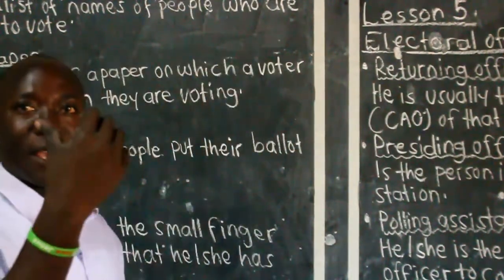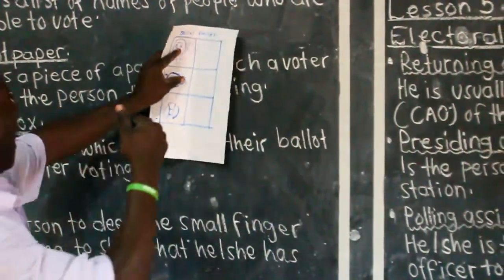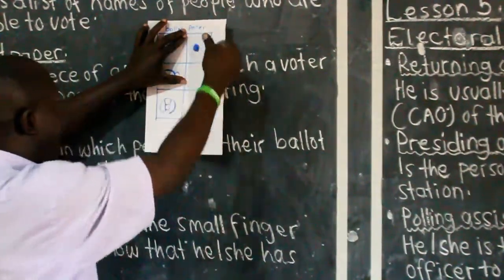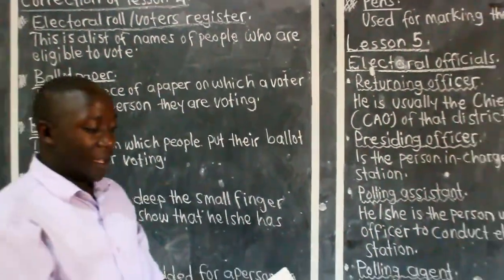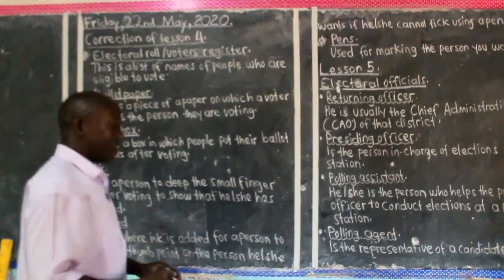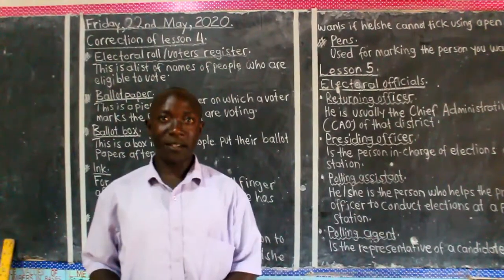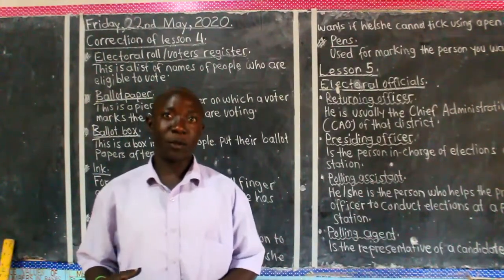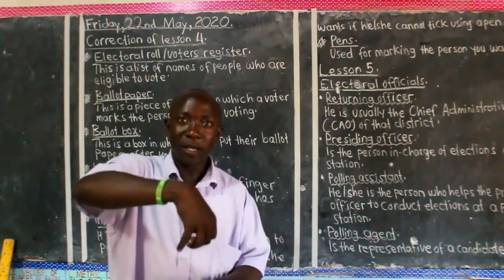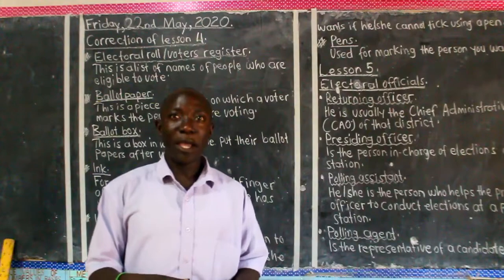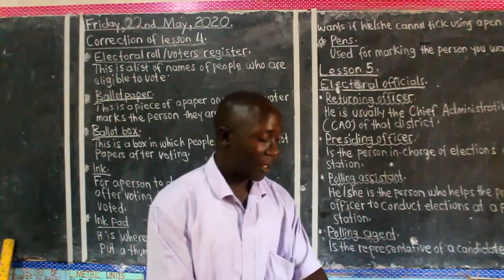When you dip your thumb in the ink and you put it on the person you want like that, that's what we call a thumbprint. I know you have the idea of the ink pad. There are very many ink pads. Even here at school, we have ink pads where stamps are used. After the ink gets on the stamp, they stamp on any document. That's what we call an ink pad.